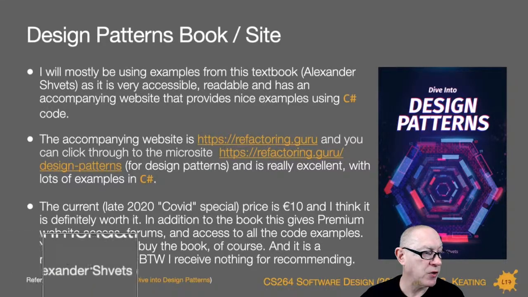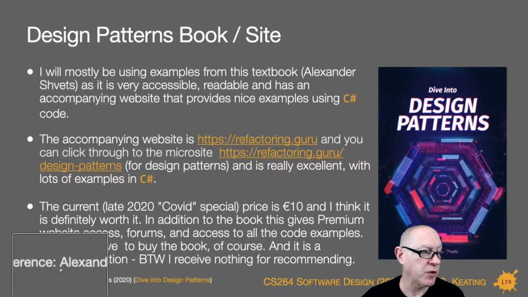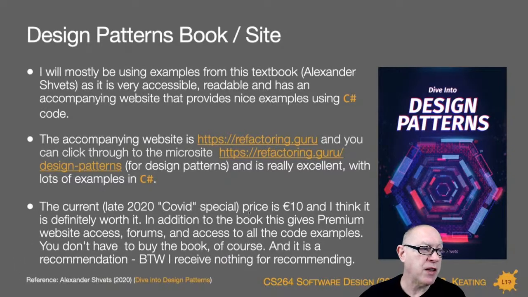This particular one is the reference for this text, but it isn't the only text that I'm using as I work through these examples for Singleton. I will look at some others, and I will mention those as I go through, but keep an eye on the bottom here and you'll always be able to click through and work with those if you want more detail on where I found the resources.